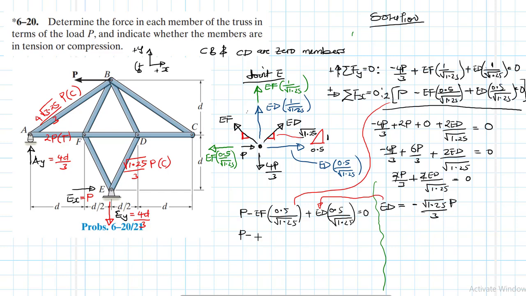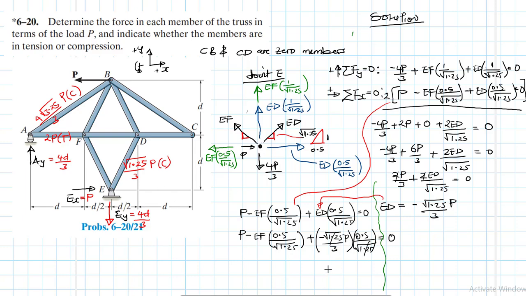P minus EF 0.5 divided by root of 1.25 plus ED is a minus, so this is minus root of 1.25 divided by 3 p, then 0.5 root of 1.25 equal to 0.